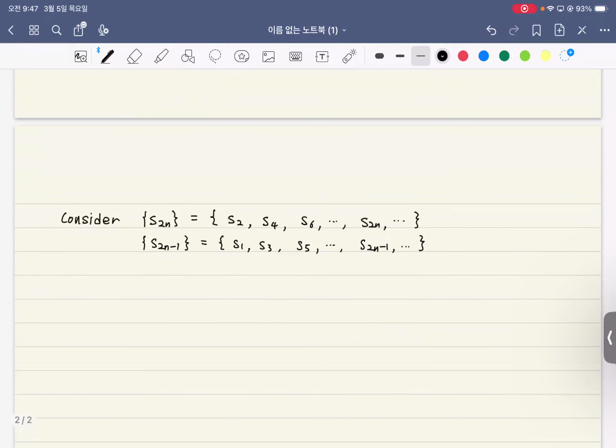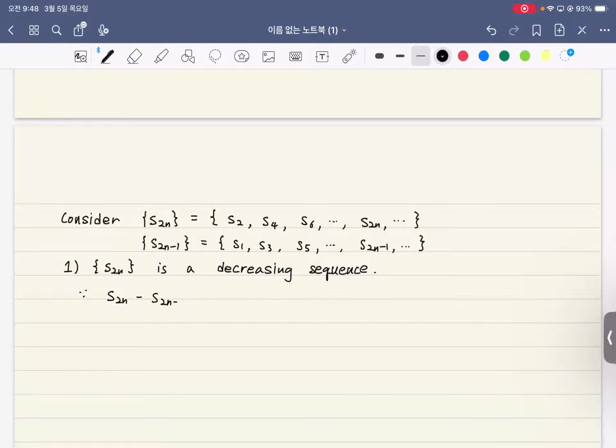I want to prove a couple of things from these subsequences. First, S_2n is a decreasing sequence. Why? In order to show that any sequence is decreasing, what you're supposed to do is figure out the difference between two consecutive terms.